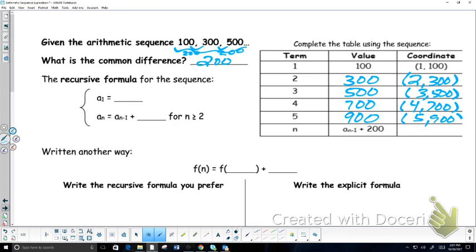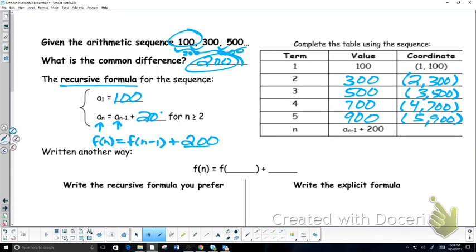They're telling you this right here is going to be the recursive formula. It looks a little different, but it's still saying the same thing. A sub 1, well, that's going to be the first term, which is 100. Notice this right here is f of n. This right here is just f of n minus 1. Plus, well, what's the d value? 200.